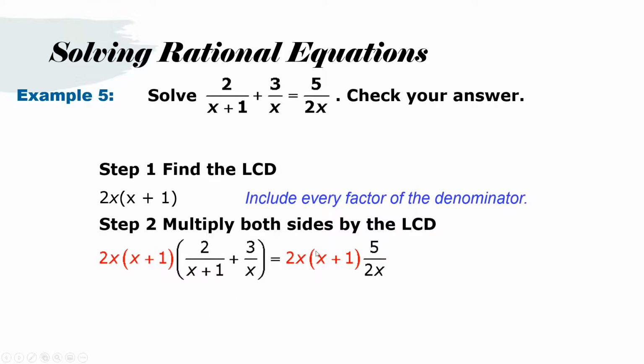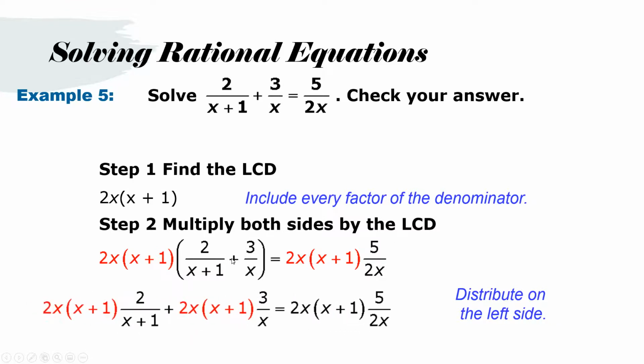Multiply both sides by the LCD. Then distribute the LCD to the left side since they have an operation of plus. So this one is multiplied by this one, and this one is multiplied to this one.